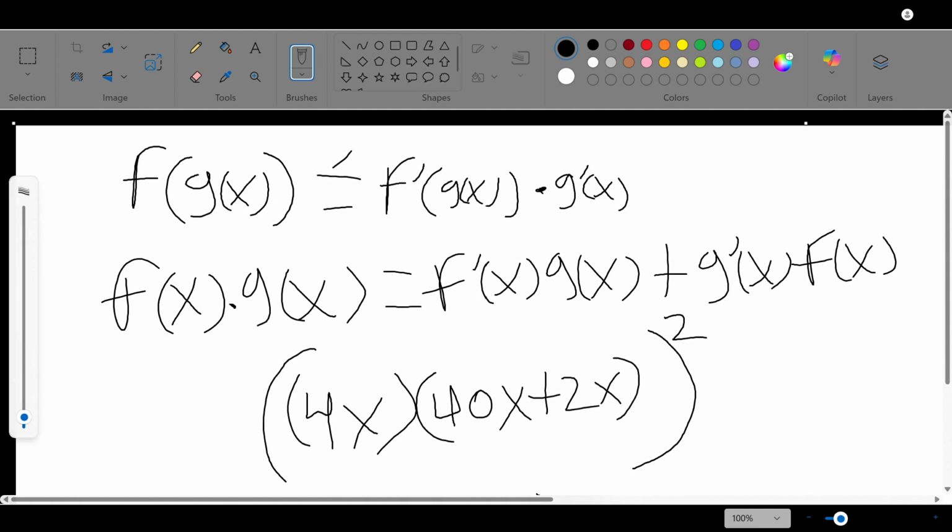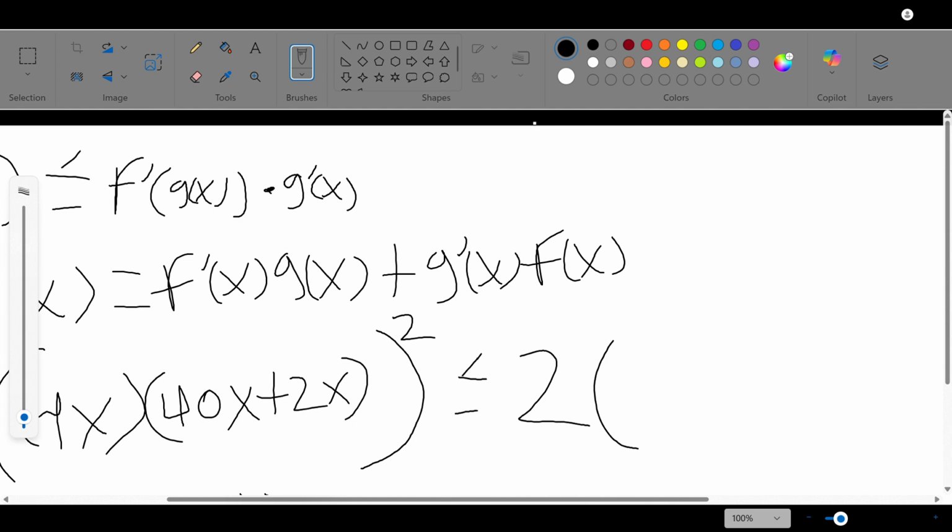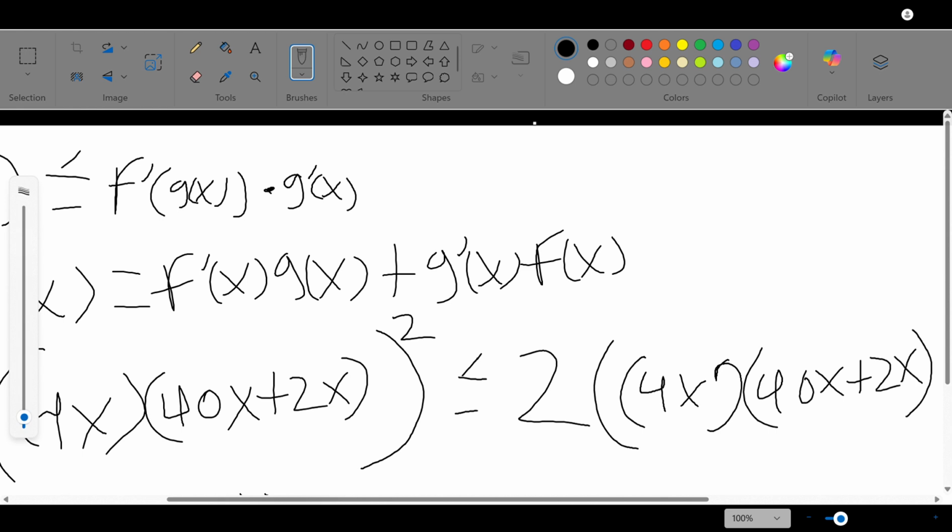So you find the derivative of the outside function first. So it's going to be 2 parentheses 4x parentheses 40x plus 2x parentheses.